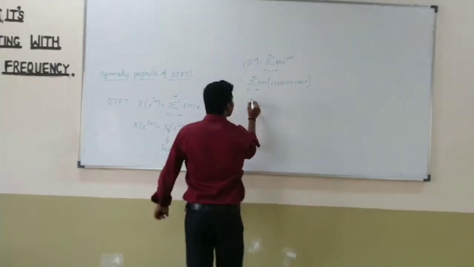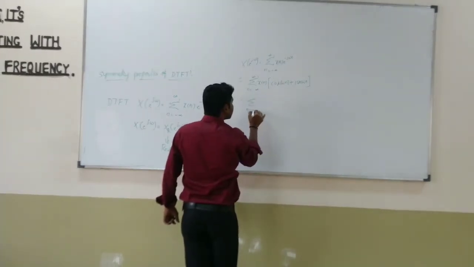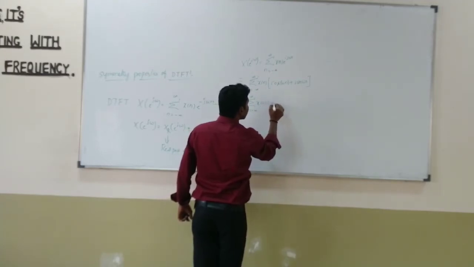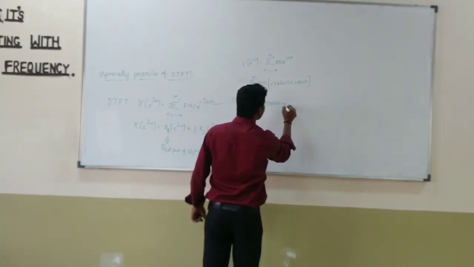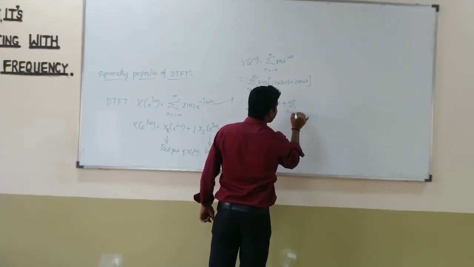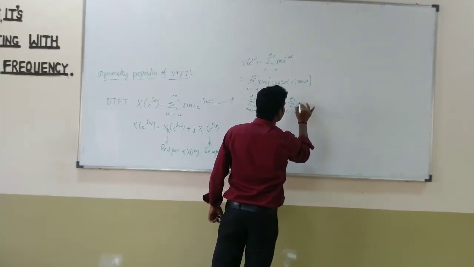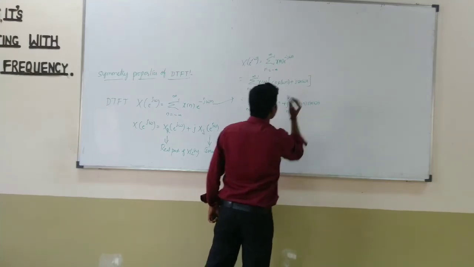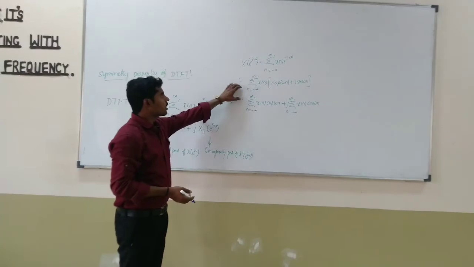Now this is equal to the summation of x of n into cos omega n minus j times the summation of x of n into sin omega n. So this is the representation in standard form.